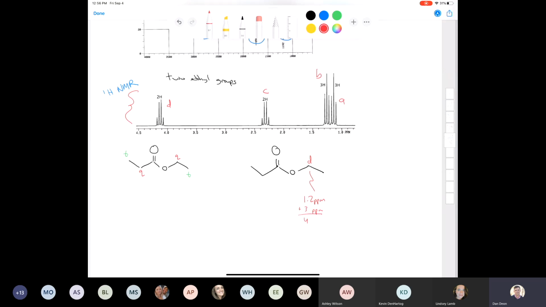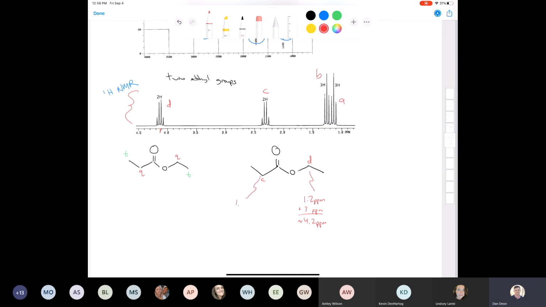That gives us 4.2 parts per million. Again, this is just an approximation, but you can see that we're almost at 4.2. That means that this quartet has to be these protons here. It's the only possibility.